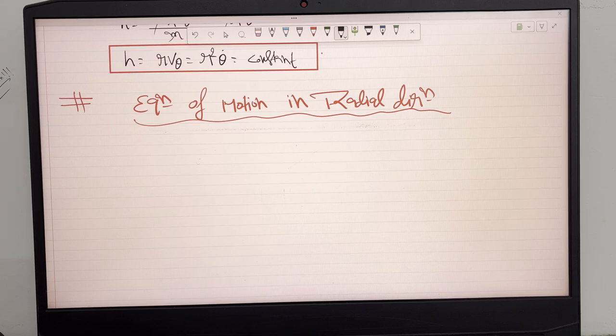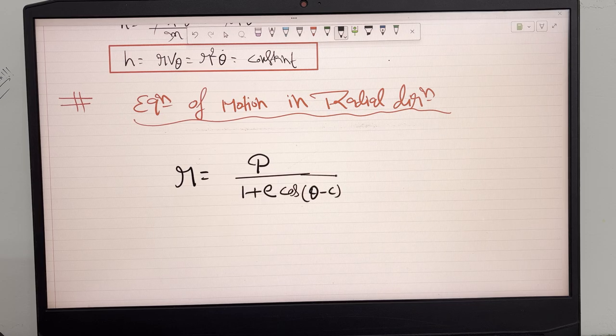The final part I'm writing is, which gives us the very interesting thing, that is your r is equal to p divided by 1 plus e cos of theta minus C. This is a very important equation, guys.